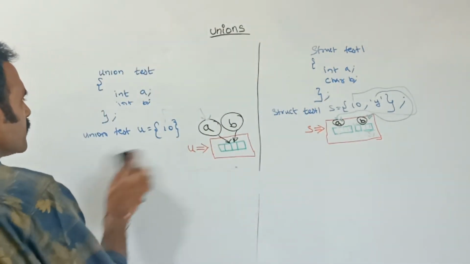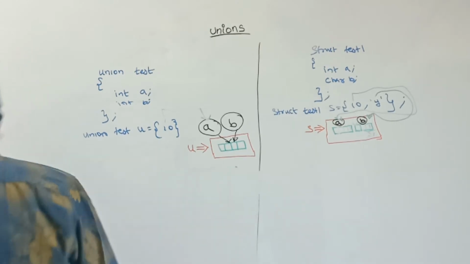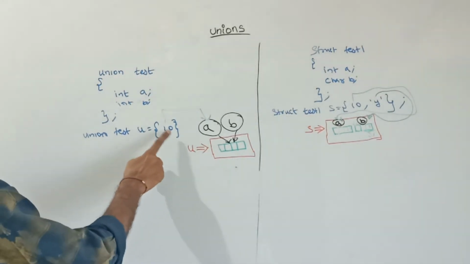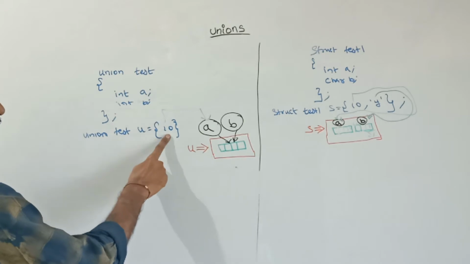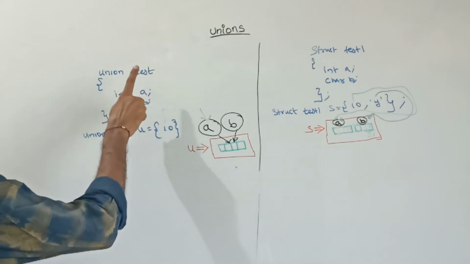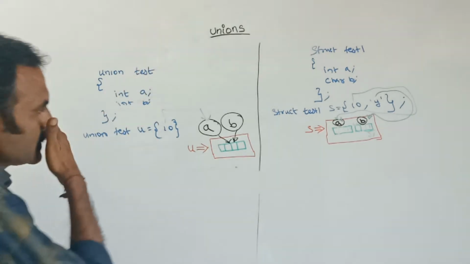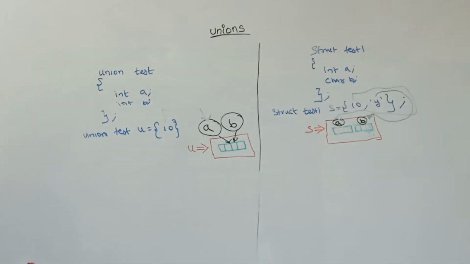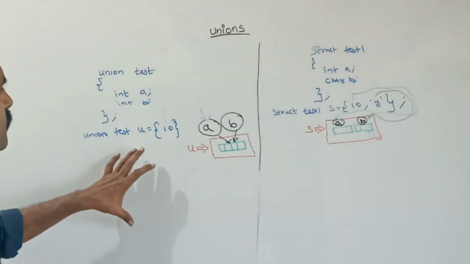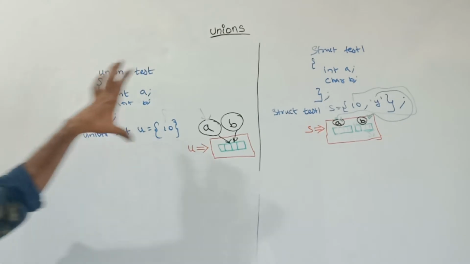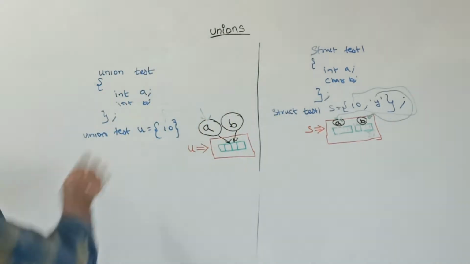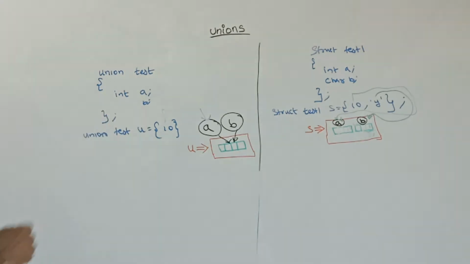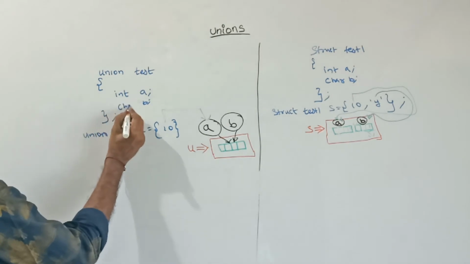This is important. When we are initializing the value, we should give only one value. That value will be assigned to the first member. Now let us see how to access the members. Suppose you want to find the size of this union and the size of this structure. For example, take the same types: first one integer, second one character.